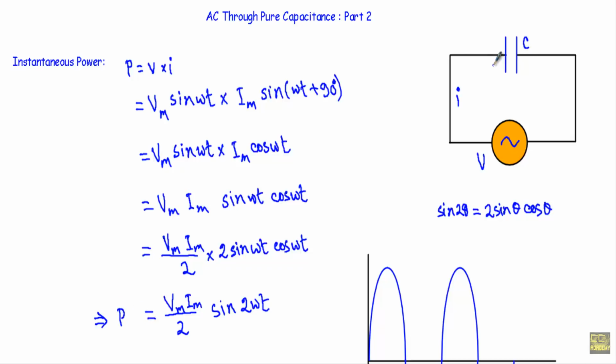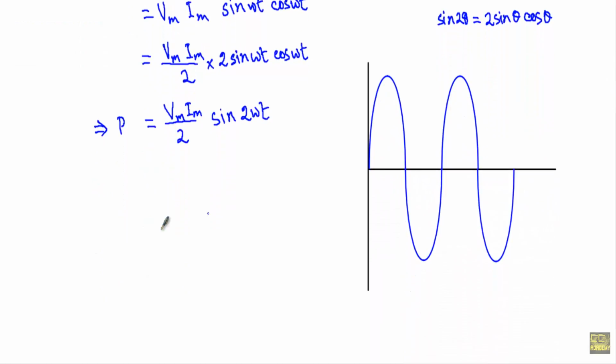Now I will calculate the average power absorbed by the capacitance C. That means P average will be the average value of Vm Im by 2 sin 2 omega t. Here, within a 2 pi interval, sin 2 omega t will complete 2 complete cycles.